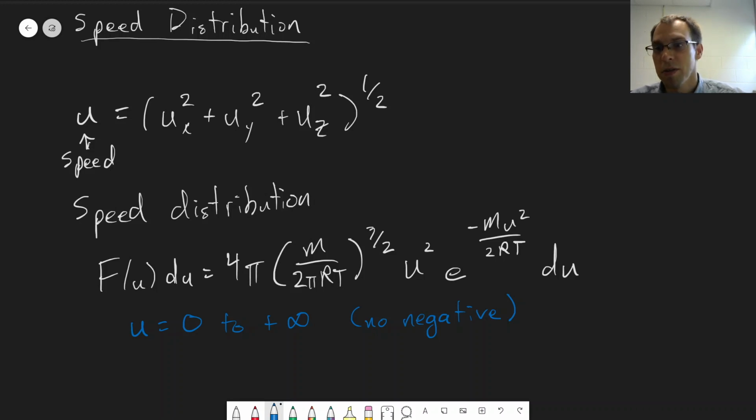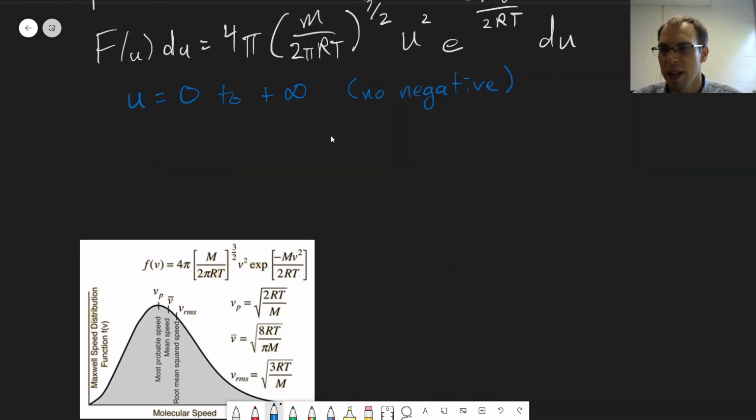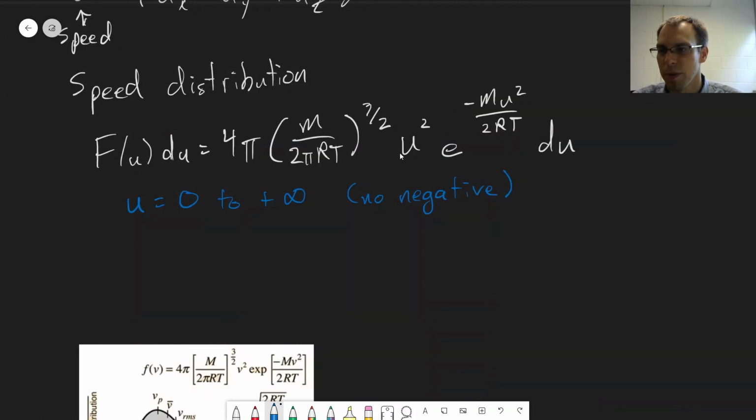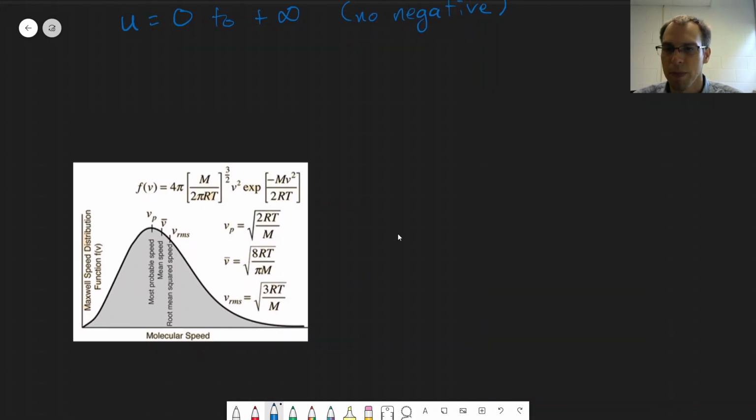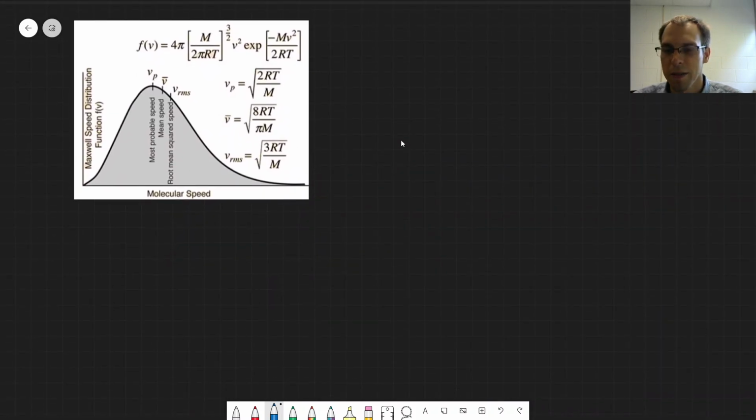Now, what can we do with the speed distribution? Well, number one, we can look at what it looks like. The velocity distribution looked like a Gaussian function. The speed distribution is mostly Gaussian, but because of this u squared term that we have here, it looks a little bit different. It's not symmetric anymore. For one thing, there are no negative values, so this doesn't extend past 0 here.